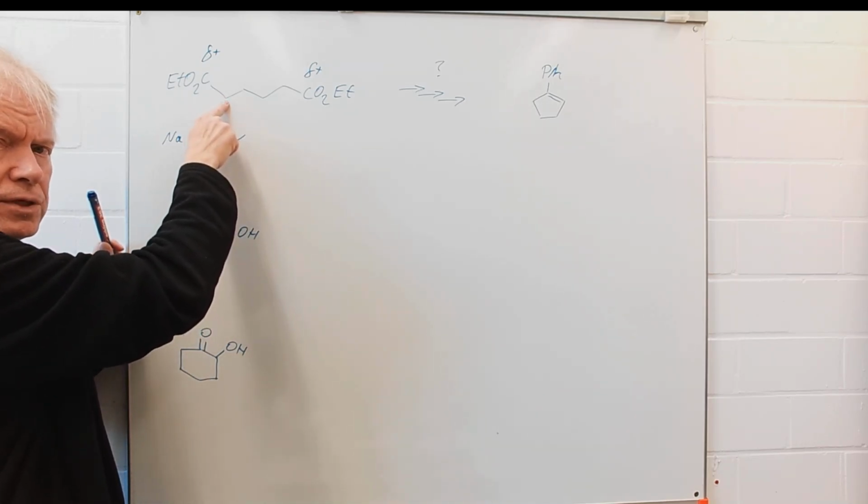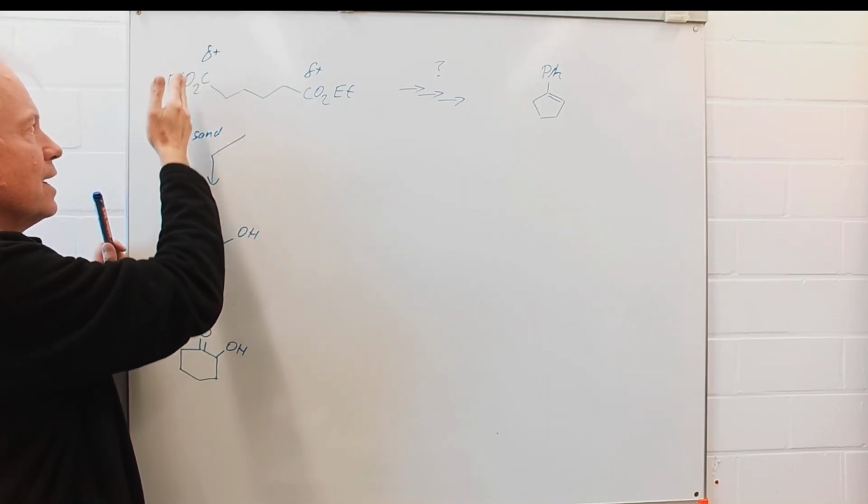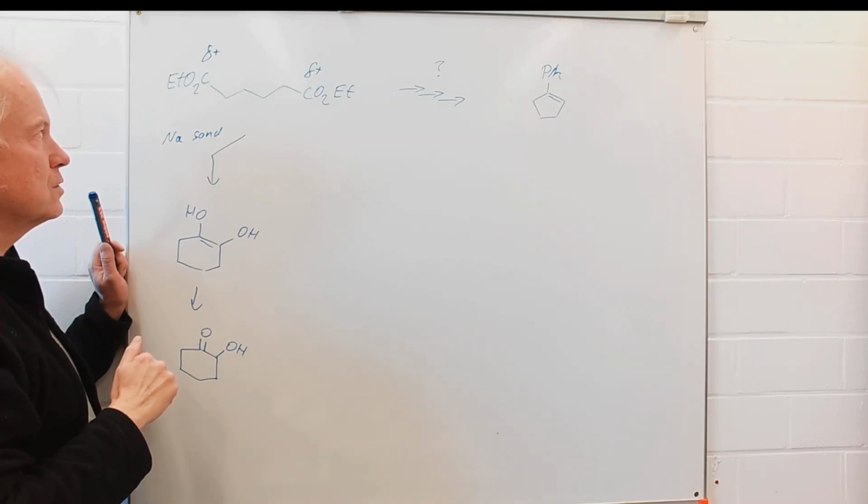How can we generate that? Well, simply by deprotonation. And alpha to an ester, such a methylene group is quite acidic.